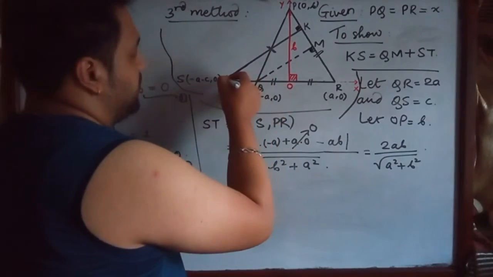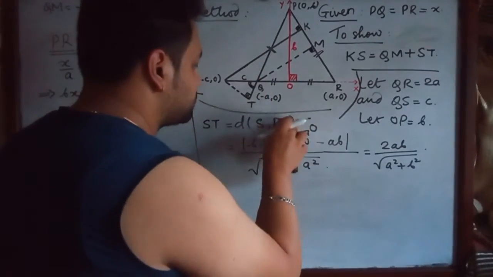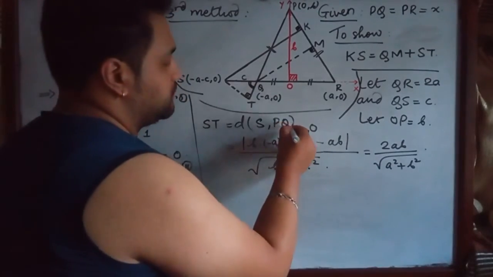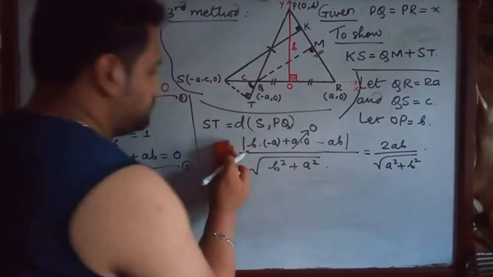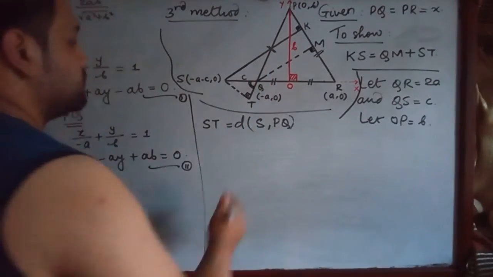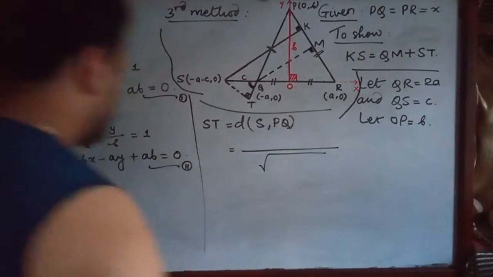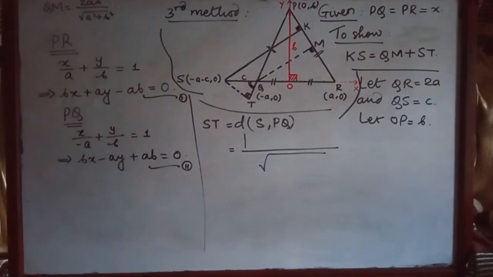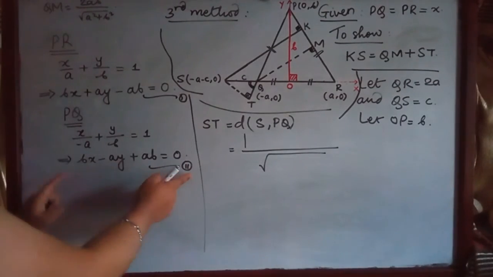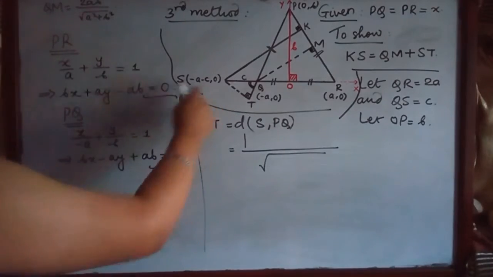Distance between S and PQ. PQ means we need the equation of PQ, and S means we need the coordinates of S.